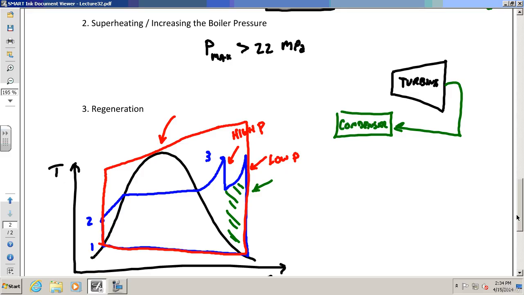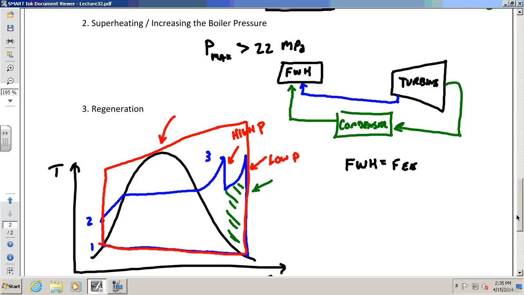And then before we take it to the pump, we actually pull a little bit of steam, a little bit of hot stuff out of the turbine, and we bring it together with our condenser output, and we use something that we call a feed water heater, FWH. Feed water heater.